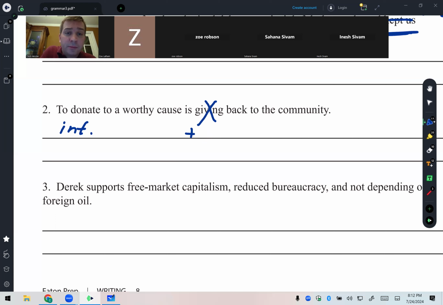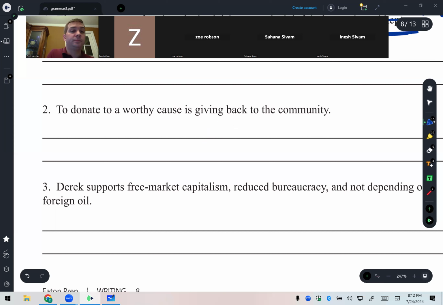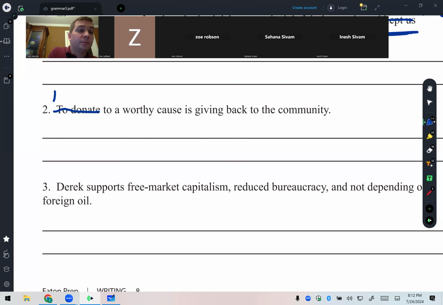To give back. To donate to a worthy cause is to give back to the community. That would be fine. We could fix it the other way. We just can't have both. It's not parallel. All right, donating to a worthy cause is giving back to the community.